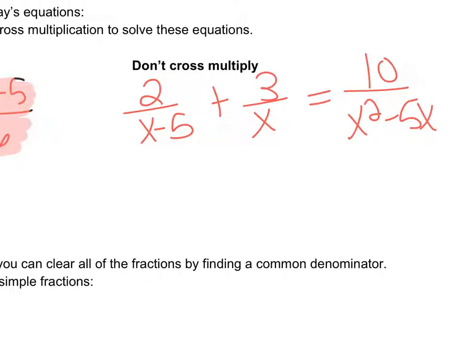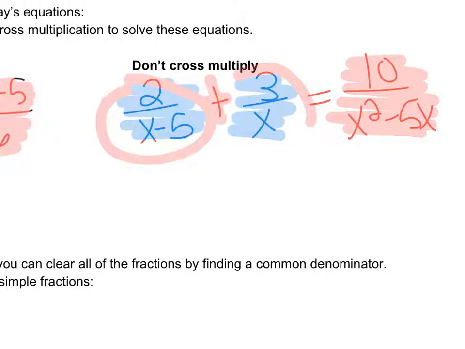In order to cross multiply, you can only have one term. You're okay on the right side because you've got one term over here, but as long as there's a plus sign separating two separate terms like that, you can't just go ahead and cross multiply from the get-go, which means you have to have a different method, okay?